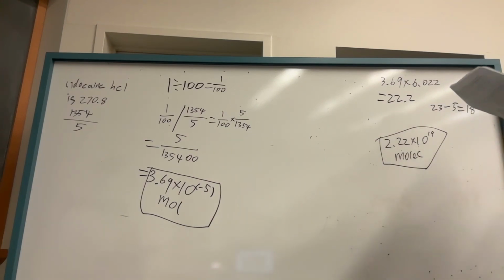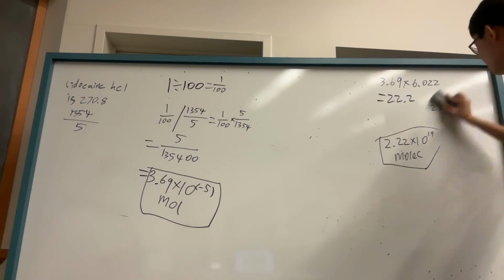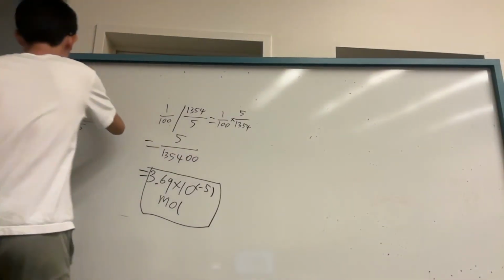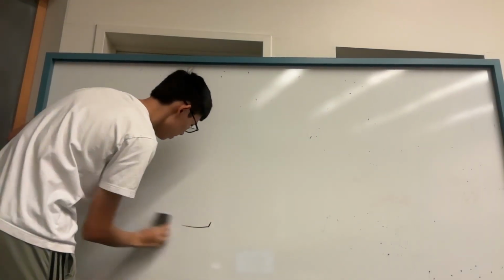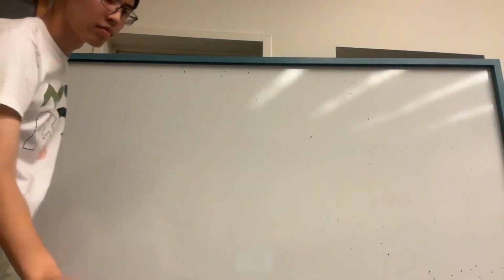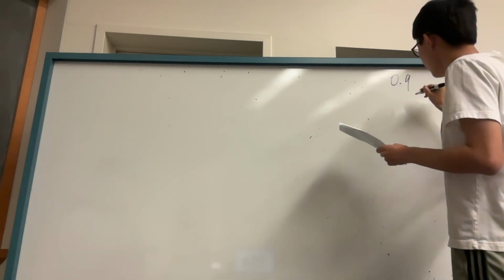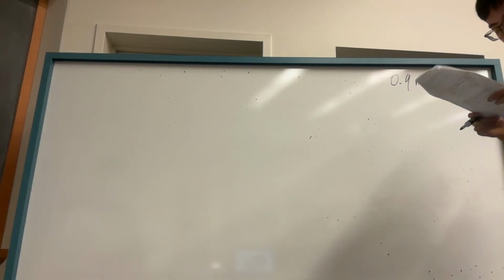So let's move on to question 6. A pediatric doctor gave a 7-year-old child 900 microliters, which is 0.9 milliliters, of lidocaine HCl for a suture procedure.